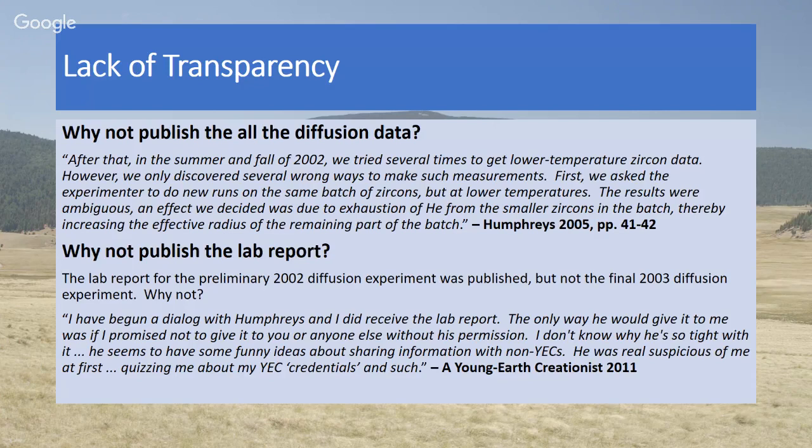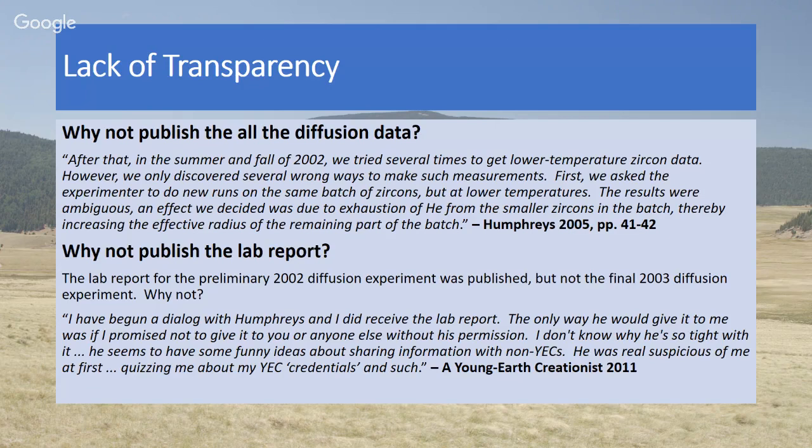It didn't support their model, and so because they think it's ambiguous, they dismiss it. And this is a concern because if they had experimental data that didn't support their hypothesis, it should be published. That's the scientifically proper way of doing things. You publish your data, the good and the bad, whether it supports your hypothesis or not.